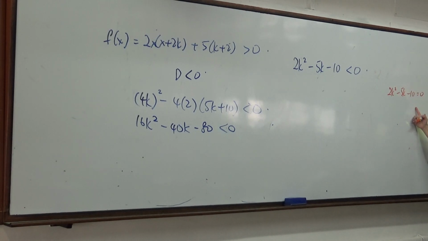Actually, I'm solving this equation, right? So k will be minus B plus minus the square root of B squared take away 4AC, over 2A. What's minus B? Minus minus 5. Then 5 squared minus 4 times 2 times minus 10, then over 2 times 2. Can you see that this is 5 plus minus the square root of something? What's inside there?